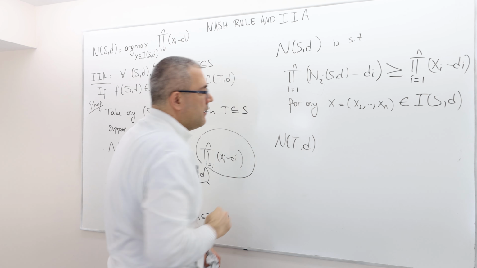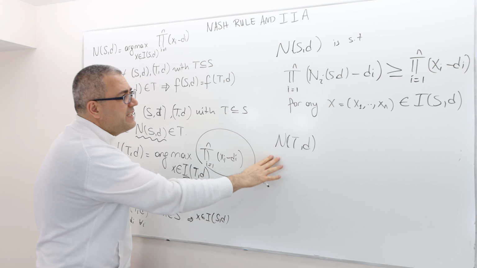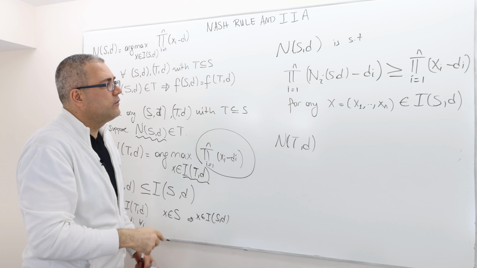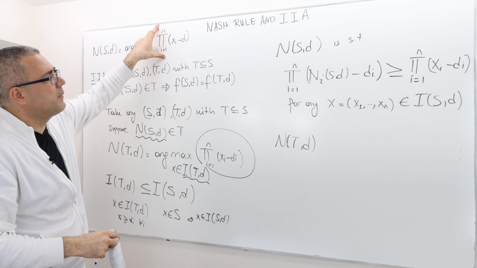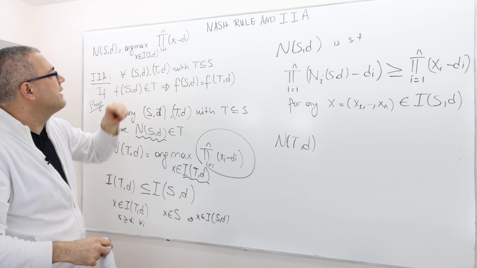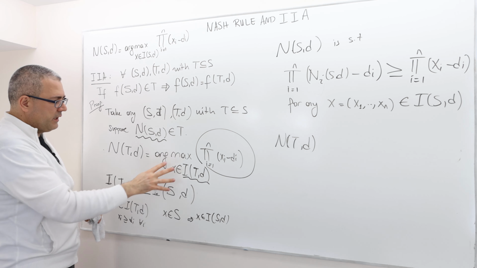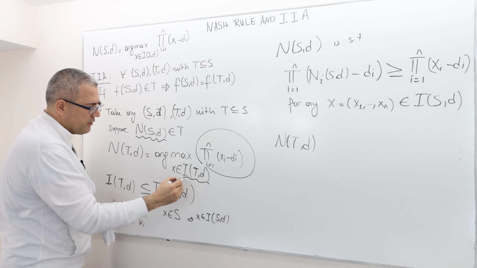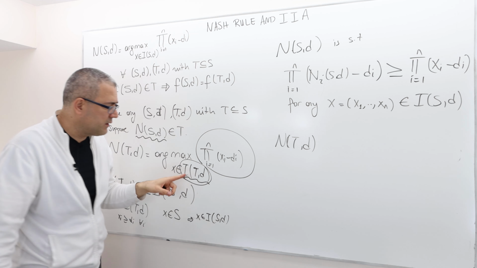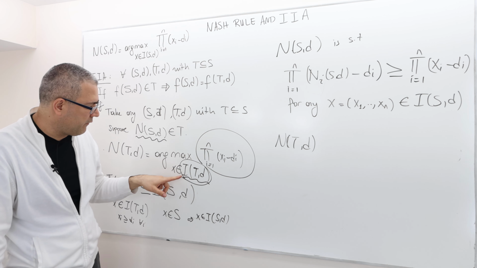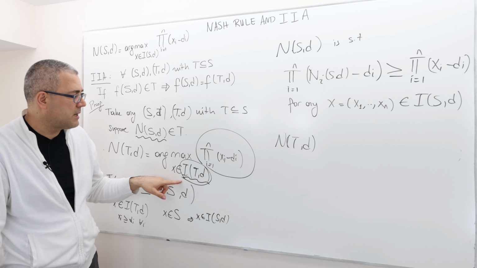Now I am looking for N(T, d). N(T, d) is going to be maximizing this multiplication among all the feasible and individually rational payoff vectors in this set.